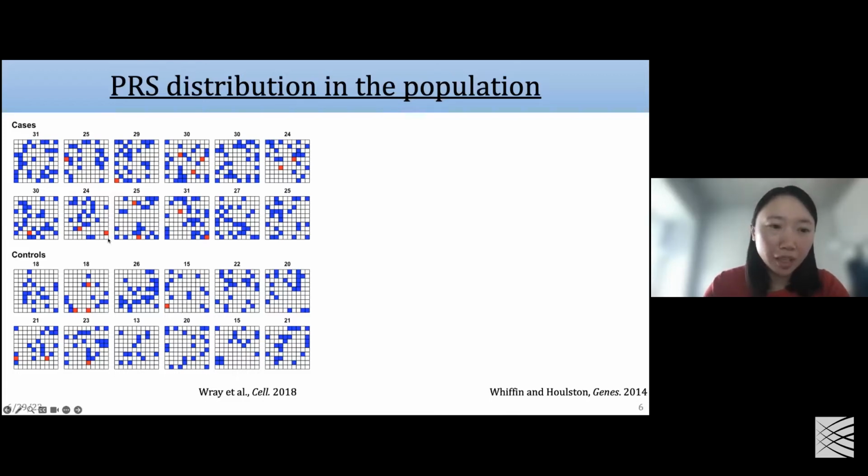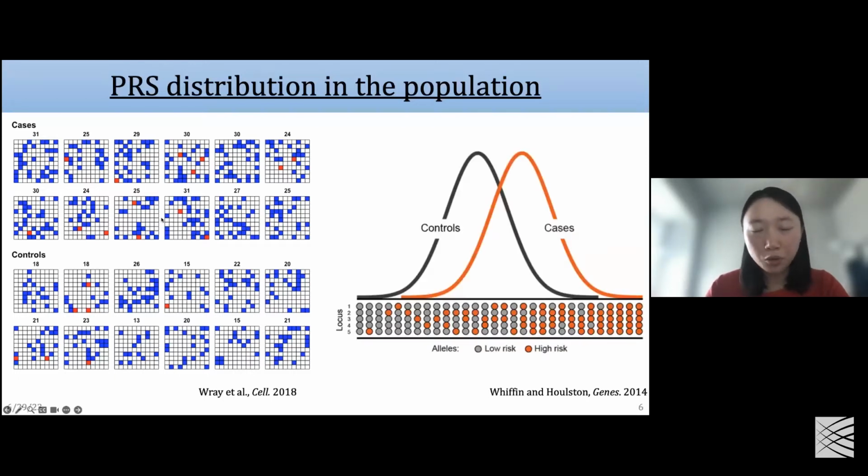And the controls can carry some risk alleles at some loci. In general, the distribution of PRS follows a normal distribution in both controls and cases. But for the cases, there is a shift towards a higher number of high-risk alleles.